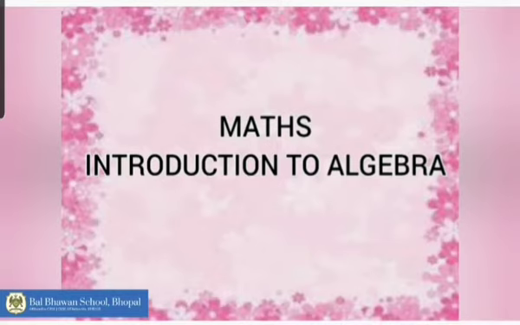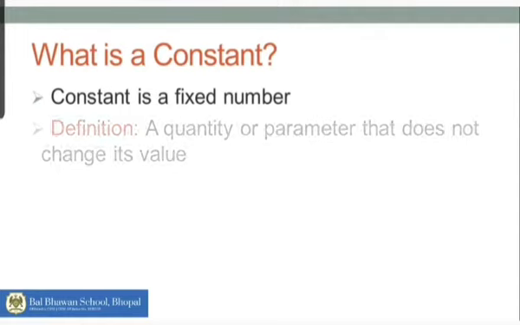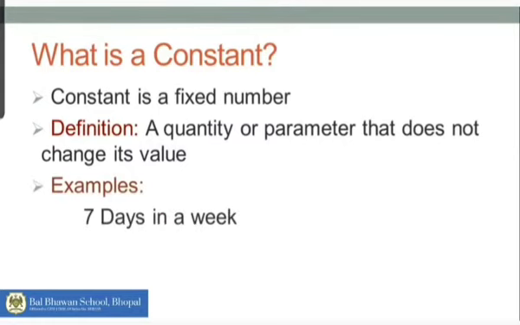The few terms used in algebra are constant. Now, what is a constant? A constant is a fixed number. If I say in mathematical language, its definition, a quantity or parameter that does not change its value is known as constant, whose value is fixed always.